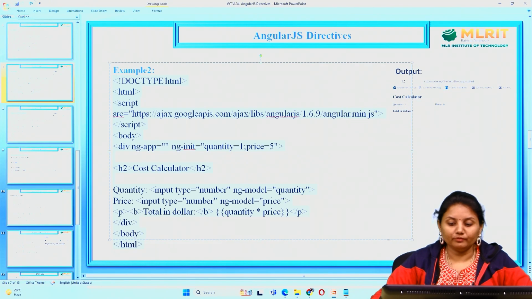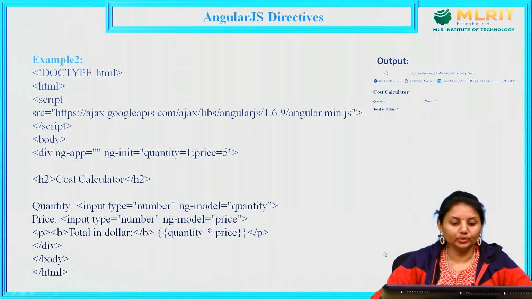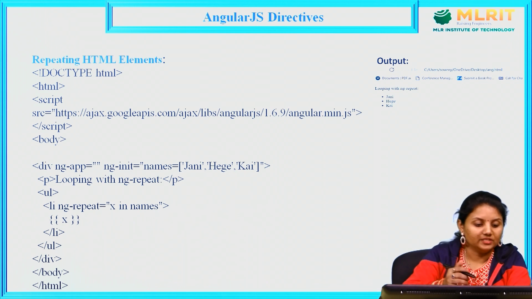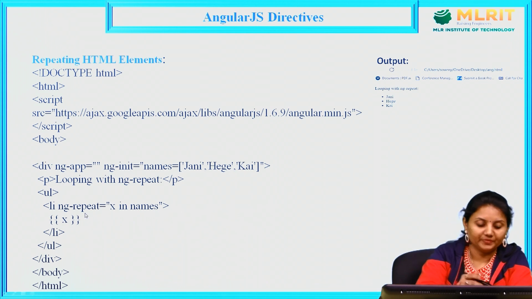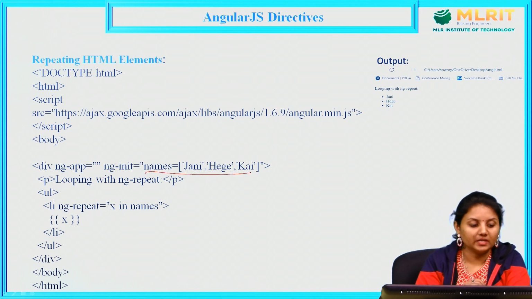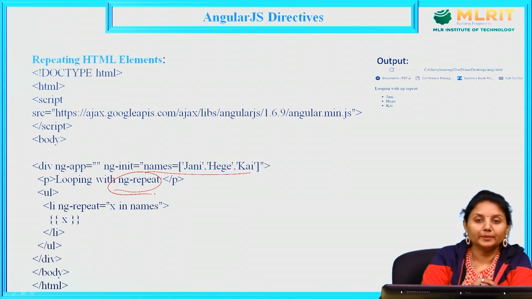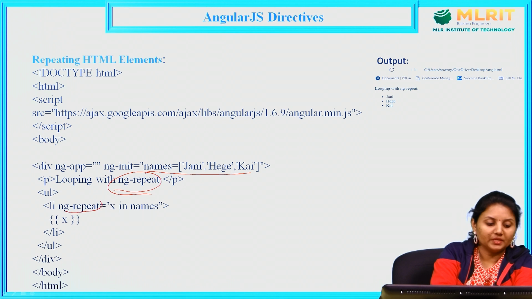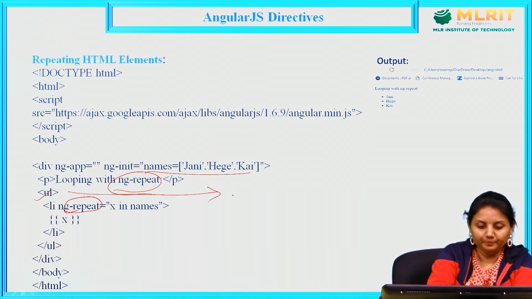Then moving further, we will go to the next example with ng-init and ng-repeat. In ng-init, you are giving multiple names and looping with ng-repeat. So this is also one more built-in directive you have, ng-repeat. So you know that UL stands for unordered list.